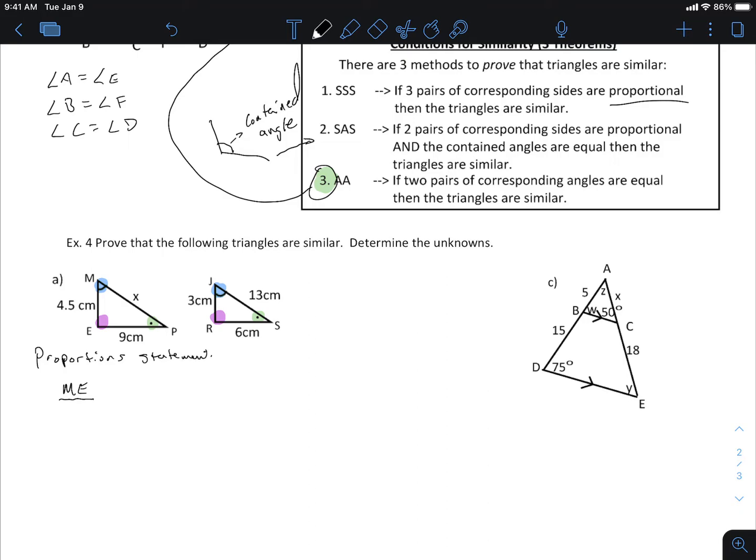Side length ME would be over side length JR, which would equal, if these are truly proportional, side length EP over RS, which would equal, over MP.